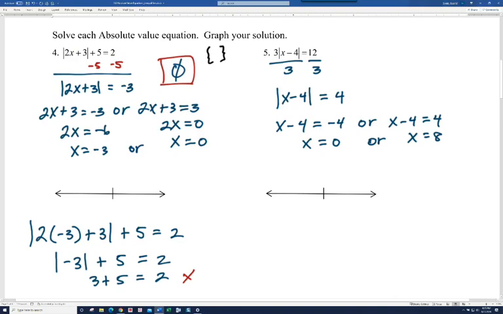Well, actually, it's not really set notation. I guess it is considered set notation, other than I don't have the braces. But our solution set is going to have 0 and 8. There's two solutions to this. And let's go ahead and plot those points.